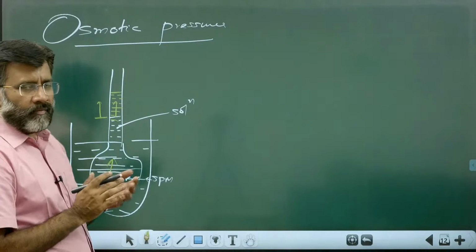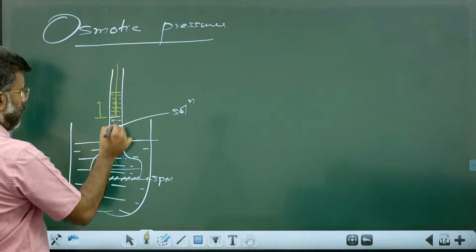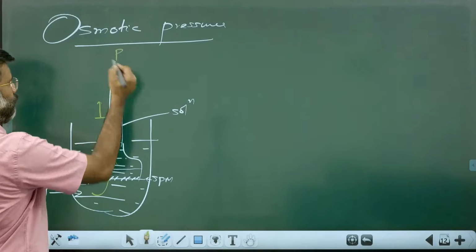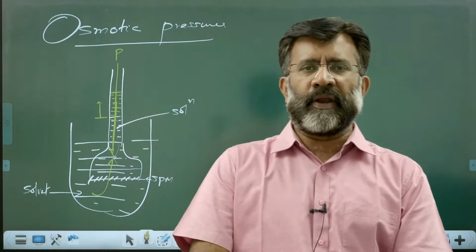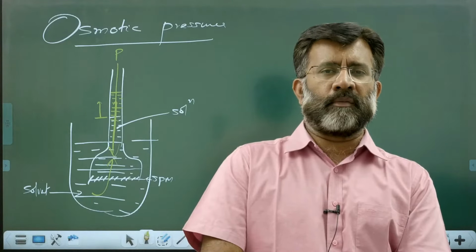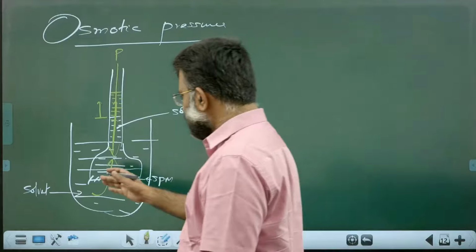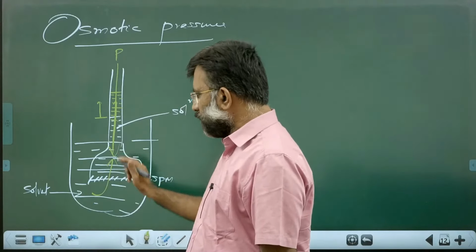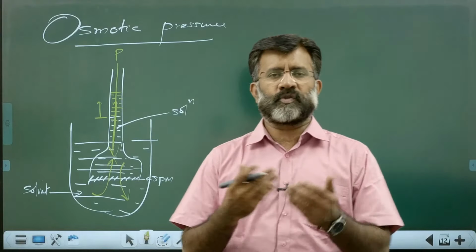And it attains a state of equilibrium. Why such a state of equilibrium? The hydrostatic pressure offered by the solution prevents the net flow of water molecules into the solution through osmosis, or as many water molecules as enter will be leaving the solution at equilibrium.